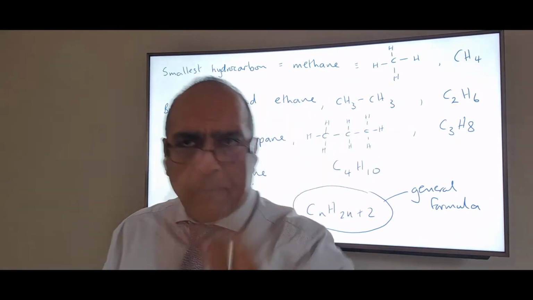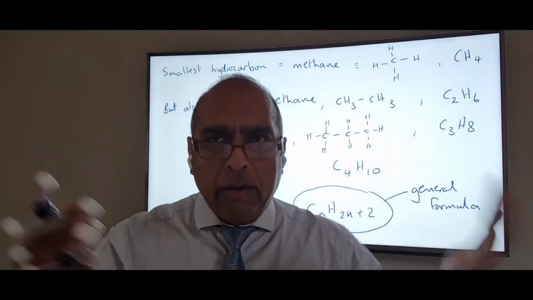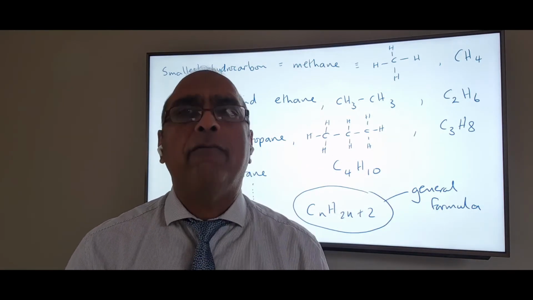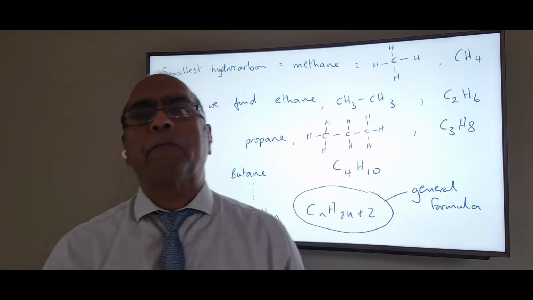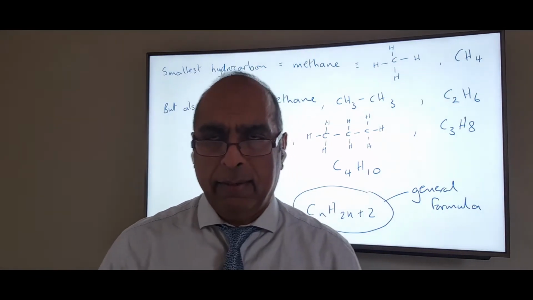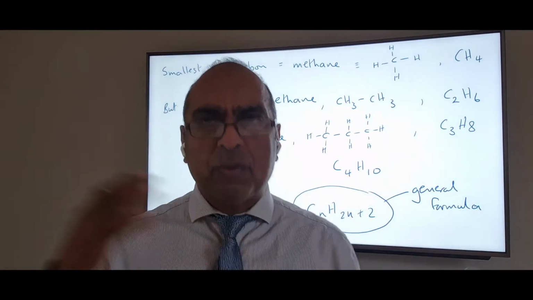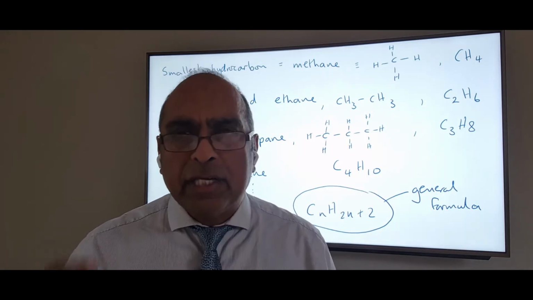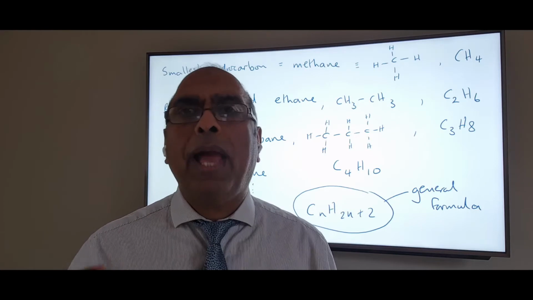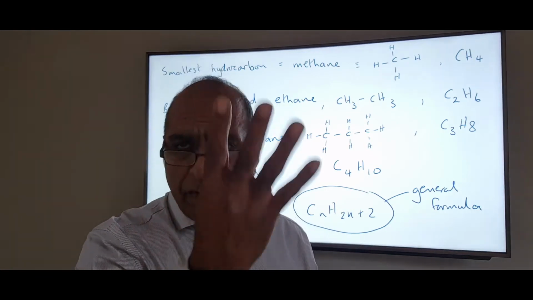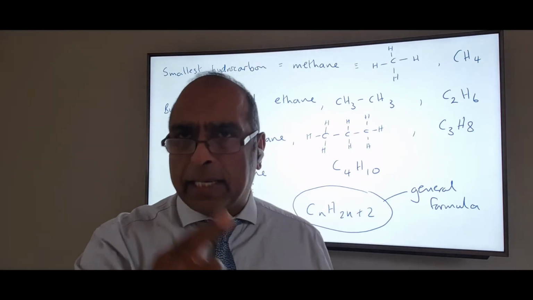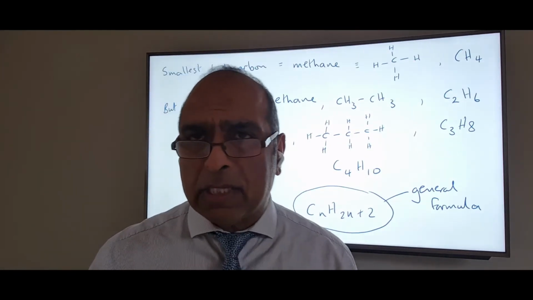And that family that I've tried to develop with you, starting with 1 carbon, and then 2 carbons, and then 3 carbons, and then 4 carbons, and going on and on, is called the family of alkanes. Now, the word family is an Ahmed word. I've just made it up. It's not a family at all. It's a series. There are 4 families we're going to discuss: alkanes, alkenes, alcohols, and carboxylic acids.